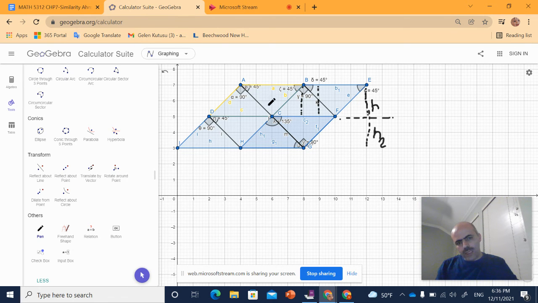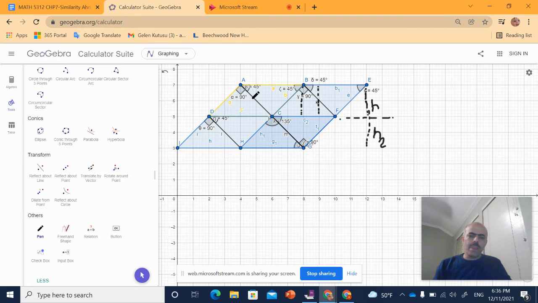This parallelogram is congruent to the parallelogram below, so their height is the same. When we add both of their heights together, the height of AEGI will be double that of the small parallelogram.